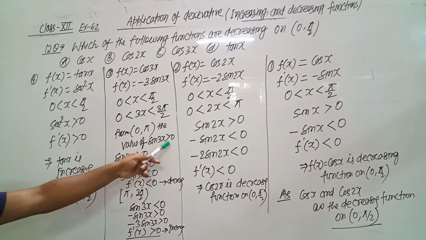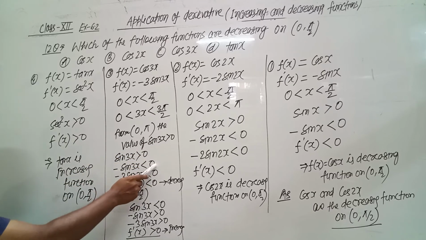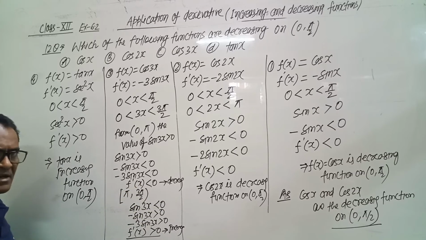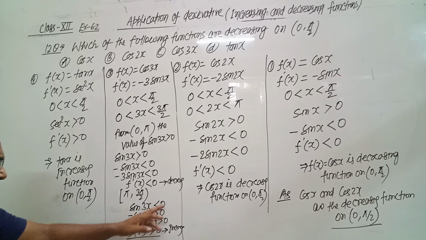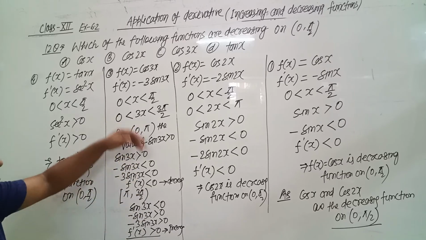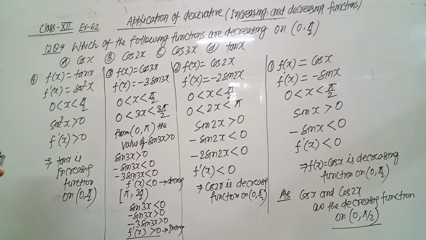From 0 to pi, sin 3x is greater than 0, then minus 3 sin 3x is less than 0, which means it is decreasing, and from pi to 3 pi by 2 we know sin is negative, so sin 3x is less than 0, minus 3 sin 3x is greater than 0, which means increasing. It means from 0 to pi by 2 the function is increasing as well as decreasing, and f x equals tan x is clearly an increasing function because from 0 to pi by 2 all trigonometric ratios are positive.